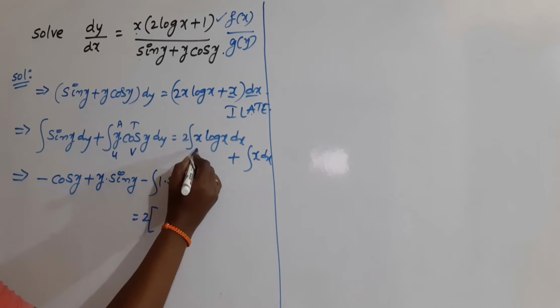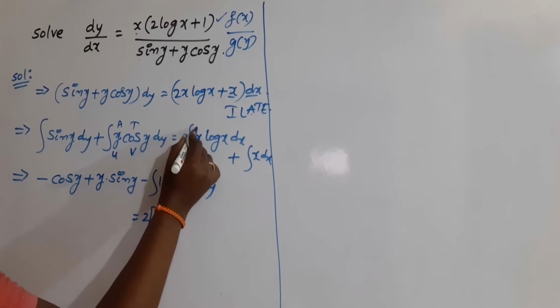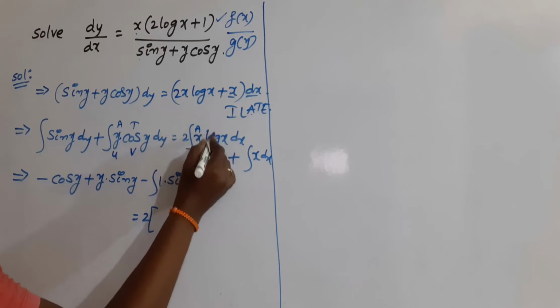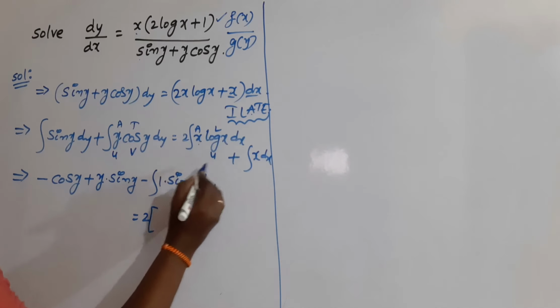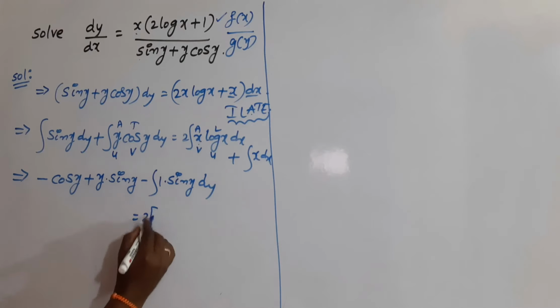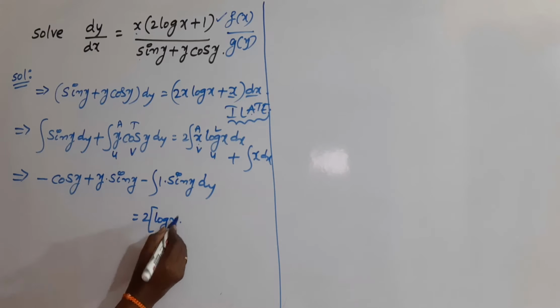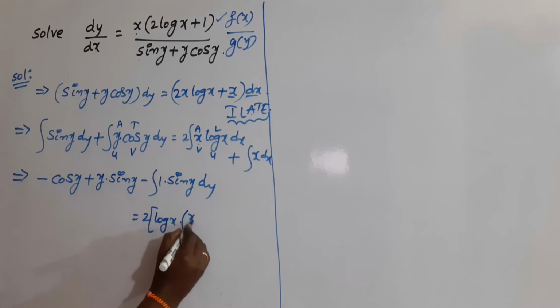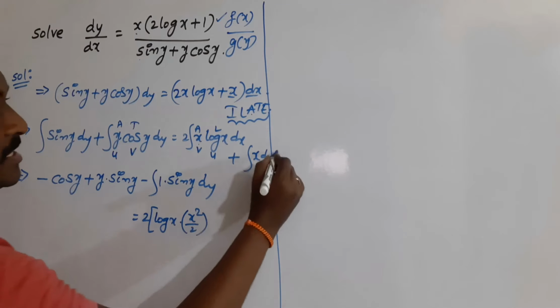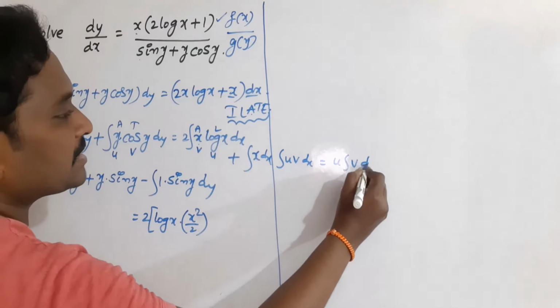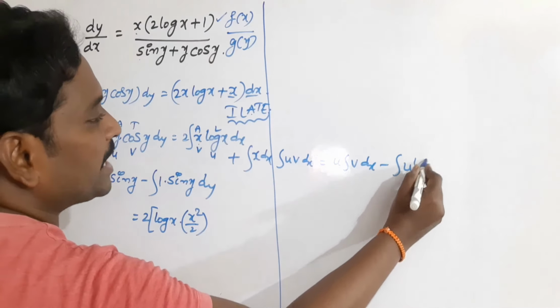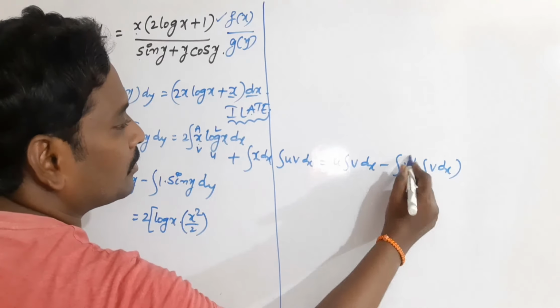Here also we should apply the uv rule. So x is an algebraic term and log x is the logarithmic function. In the ILATE rule, L is the first function. So this is u and this is v. So don't do anything for log x, and integration of x is x square by 2. Already we know that integral uv is equal to u into integral v dx minus integral of u dash integral v dx whole dx.